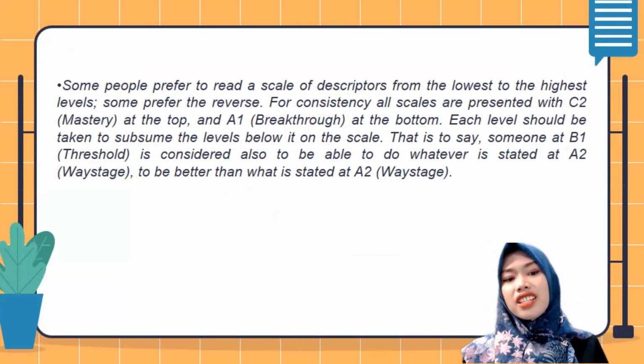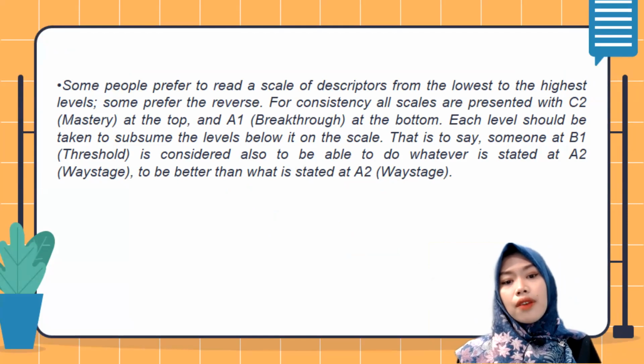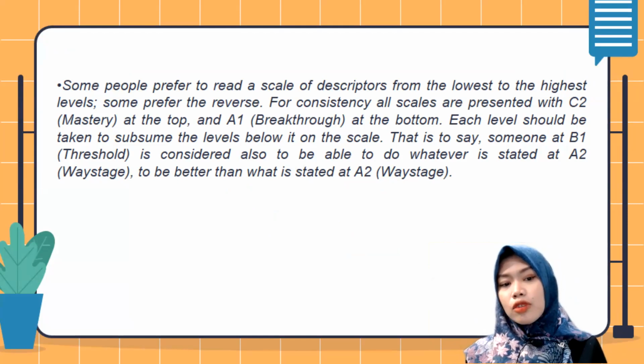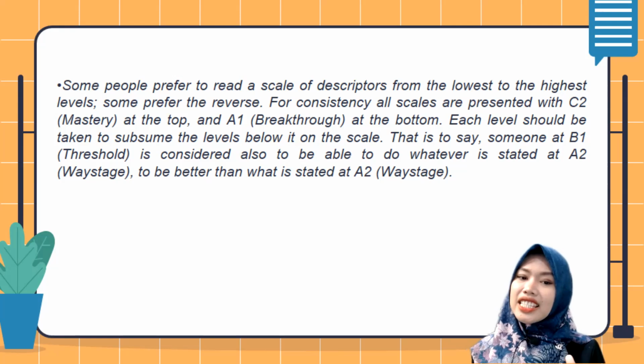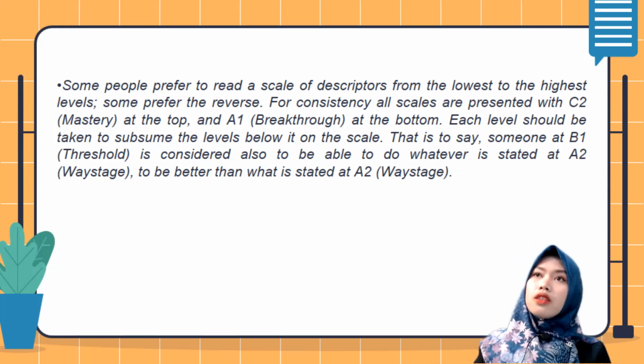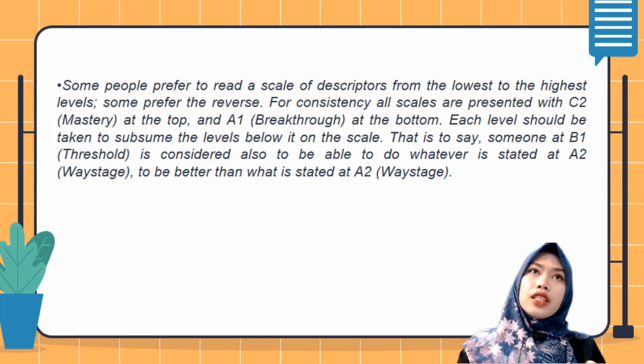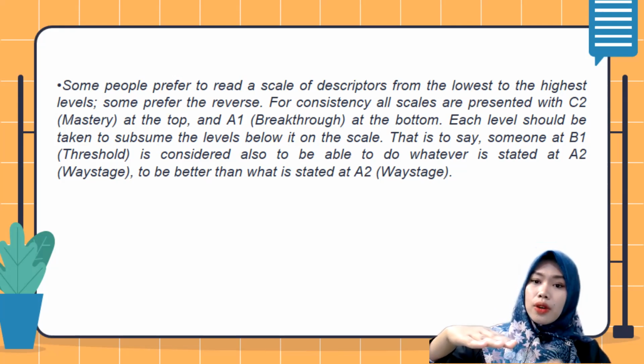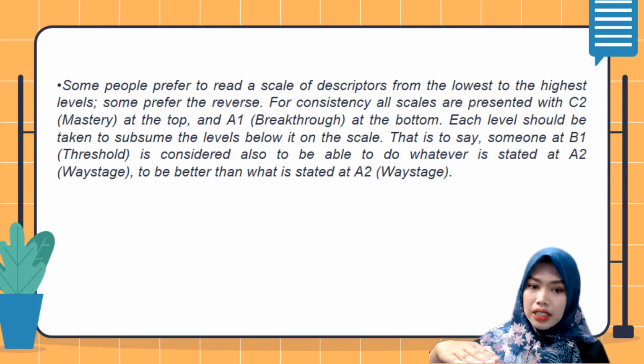Each level should be taken to subsume the levels below it on a scale. Okay, that is to say someone at B1 is considered also to be able to do whatever is stated at A2. So if we are at the B1 stage, we can do whatever is stated at A2 and A1, okay?